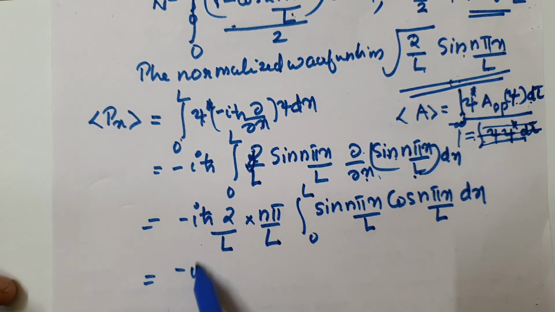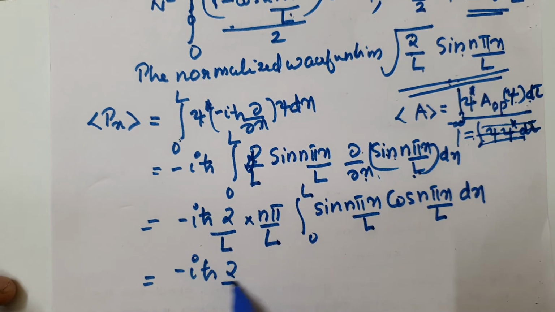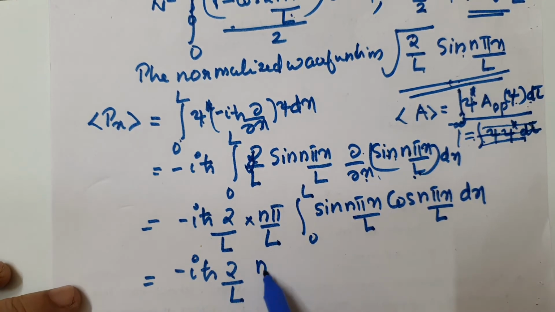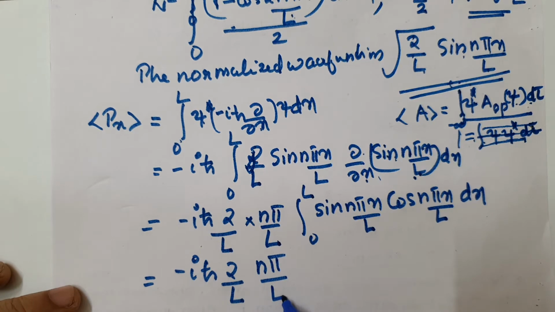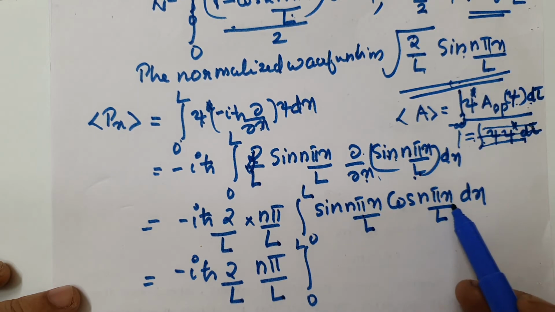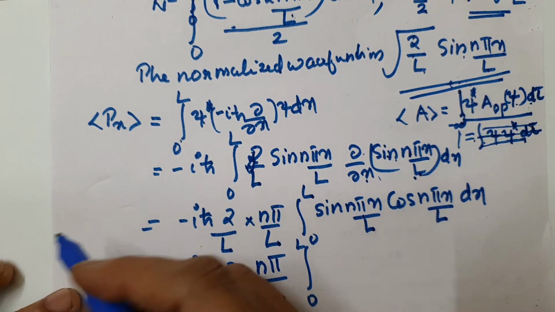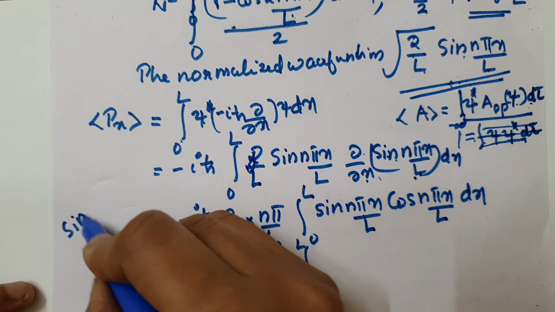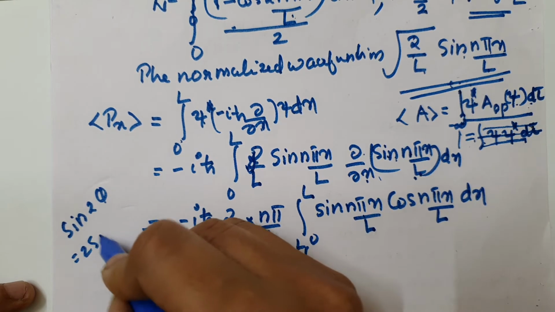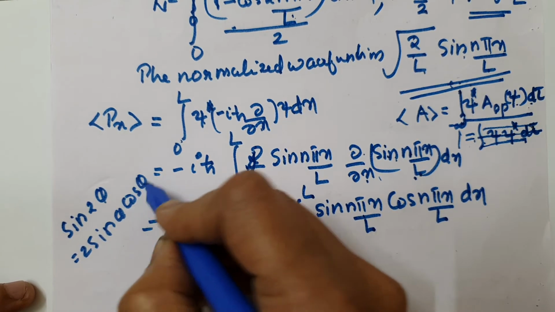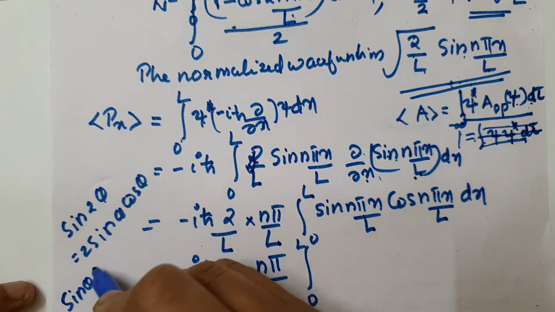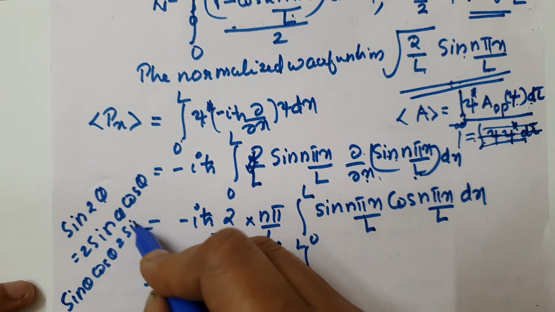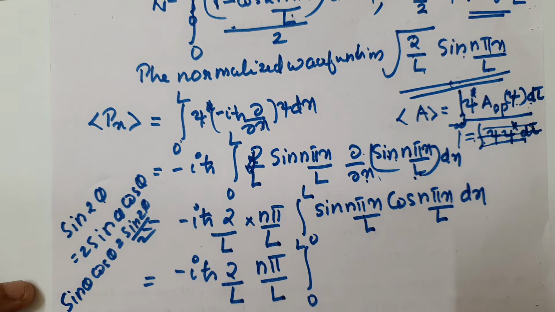That is minus i h cut into 2 by L into n pi by L, integral 0 to L of sin theta cos theta. We have the relation sin 2 theta is equal to 2 sin theta cos theta, or sin theta cos theta is equal to sin 2 theta by 2.